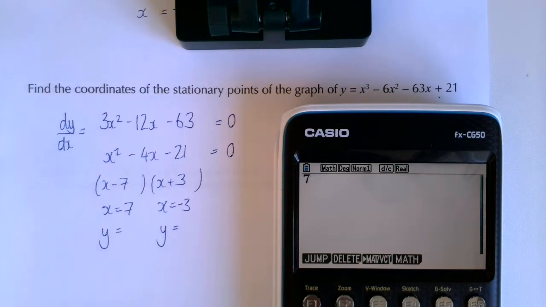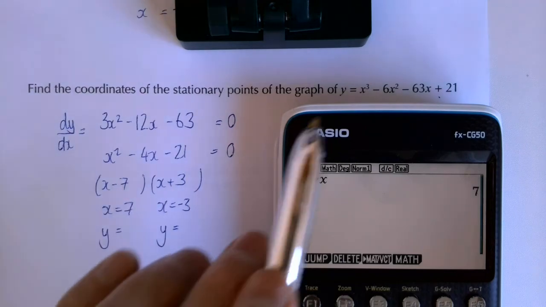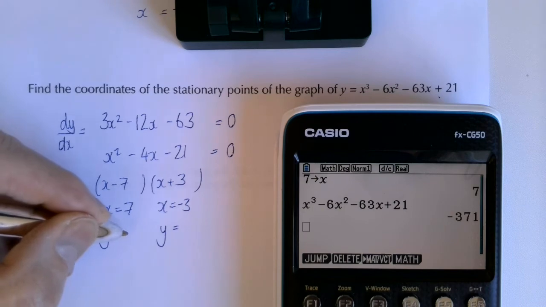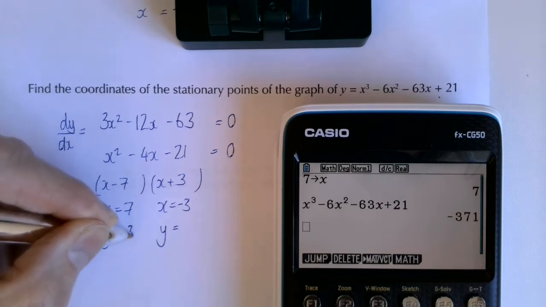So let's put 7 as my x value. Remember, to work out the other part of the coordinate, you go back to the original function. So I'm going to type in x cubed minus 6x squared minus 63x plus 21, minus 371.